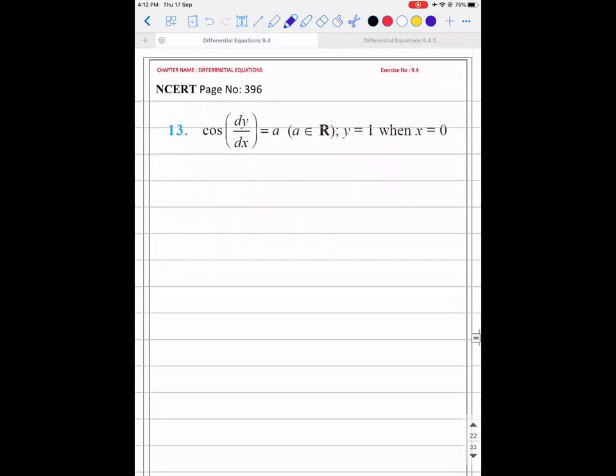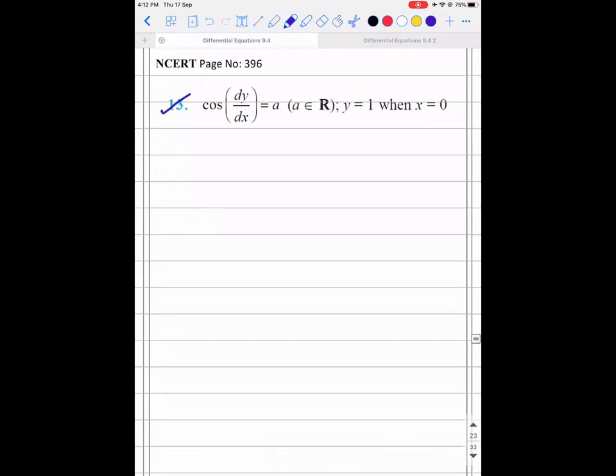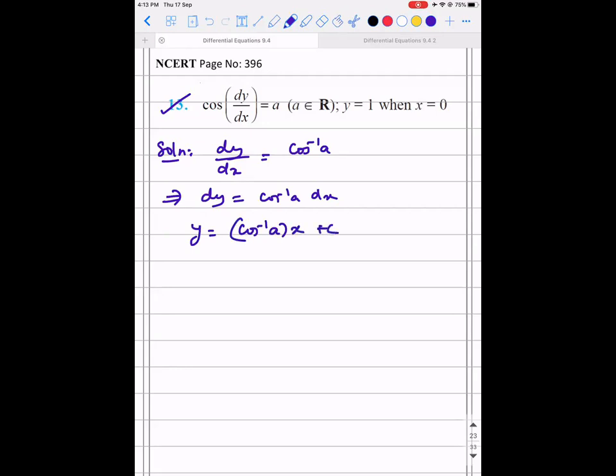Okay. So just write down the hint, leave space, you solve it later. Next. So 13th one, how to solve? I remember giving this exercise as homework. So dy by dx is equal to cos inverse of a, which implies dy is equal to cos inverse of a times dx, right? Then y will be equal to how much? x cos inverse of a plus c. x is equal to 0, y is equal to 1.